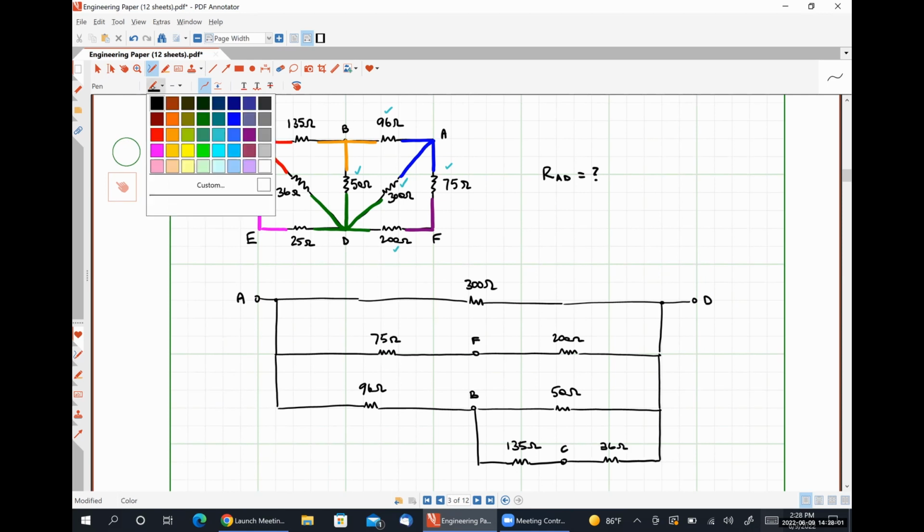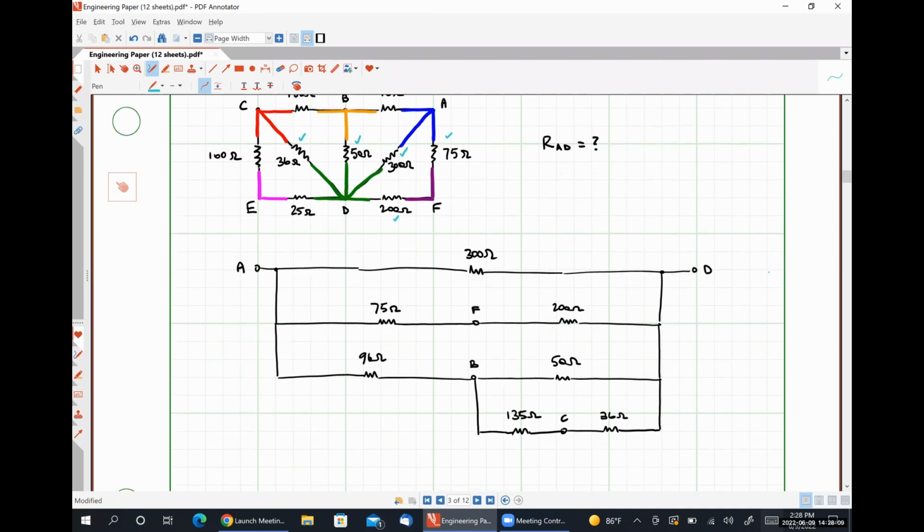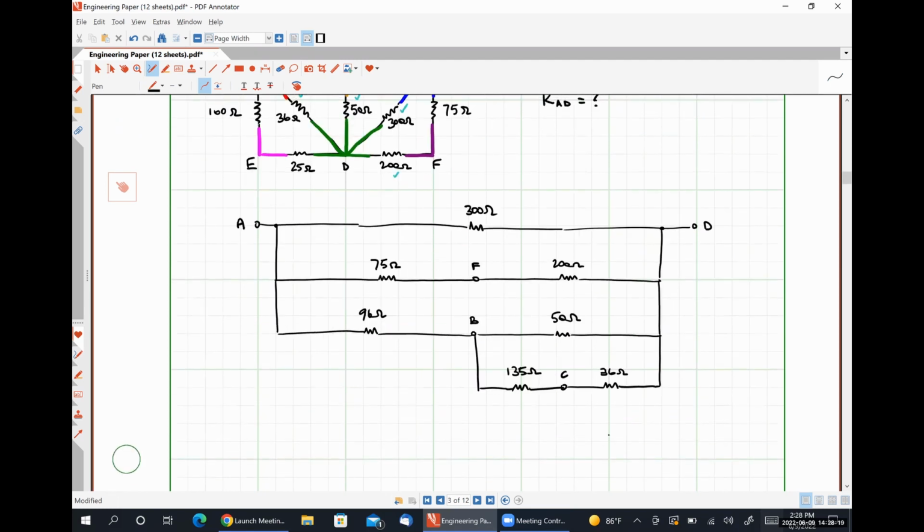I'll check those guys off. When I hit node C, I actually have a different path that I could take to go to node D as well, right? I could go from C to E and then to D. So I'll put E right here.